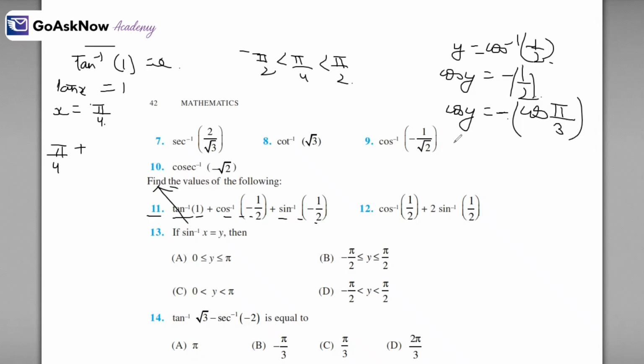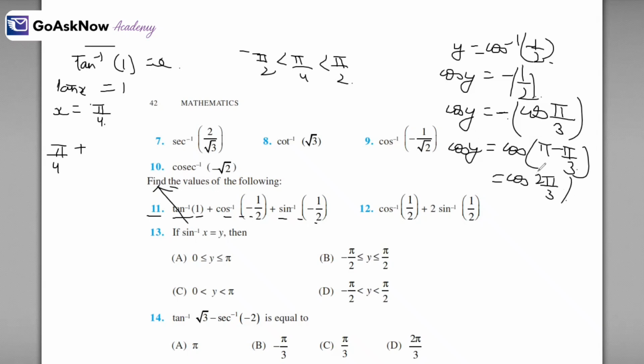Also you can write it like this. For the second quadrant, cos of pi minus pi by 3, the value will be the same, because pi minus pi by 3 gives the same value. But it is coming in the second quadrant, so cos in the second quadrant is negative. So this will give me the value minus half. So from here we are getting cos 2 pi by 3.